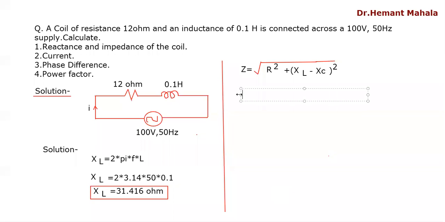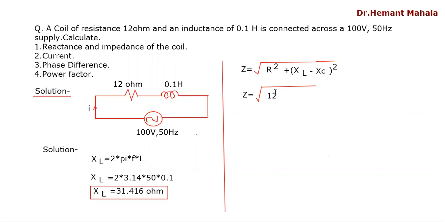So the value of Z is equal to simply under root of R square plus XL square. So where R is what? It is given as 12 ohm.